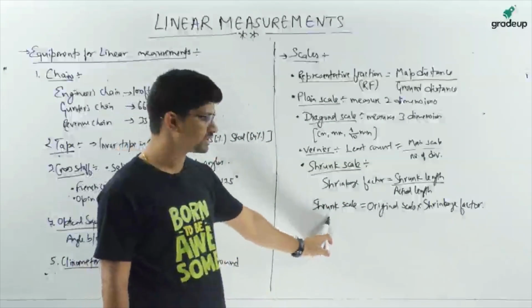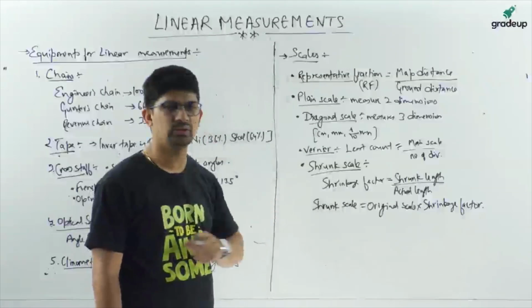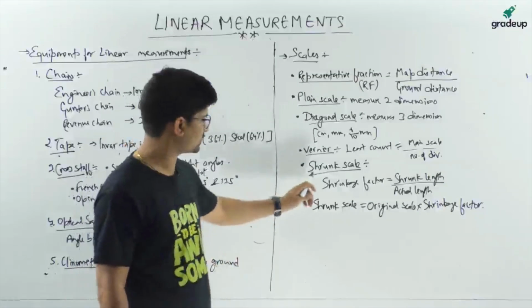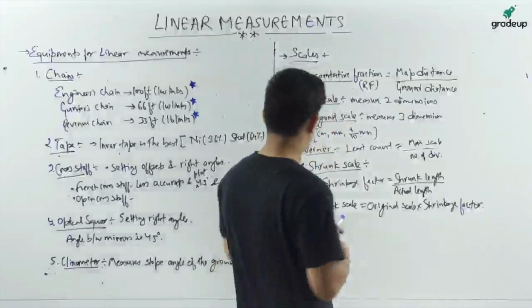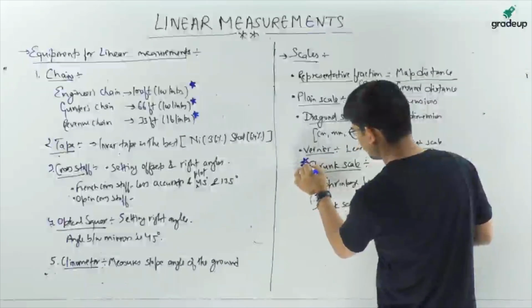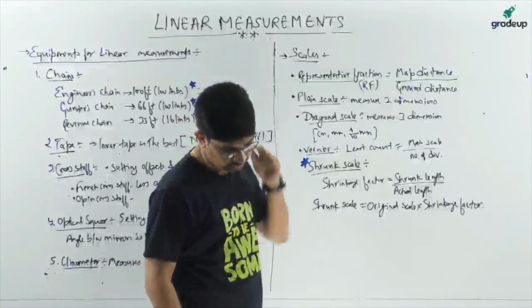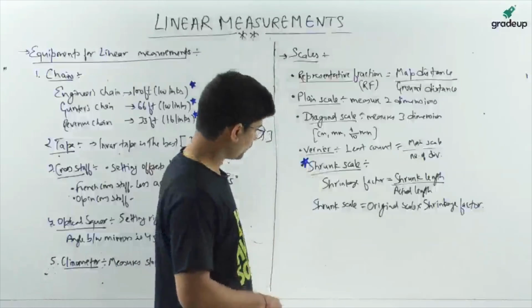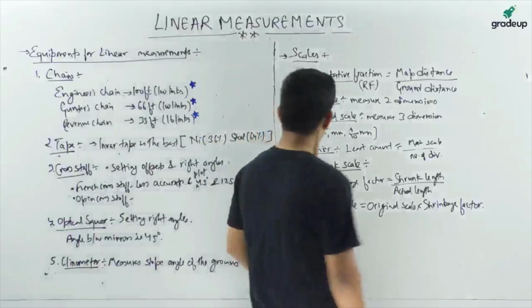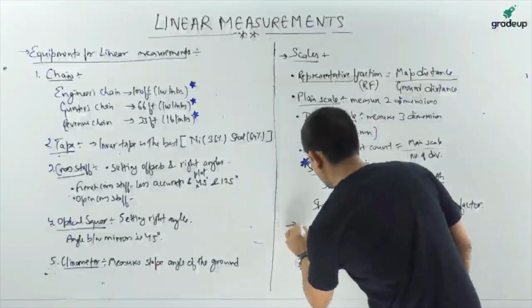So now this shrunk scale will be used. This is the more accurate version. Please highlight this one because this is important from the question point of view. This is about the scales.